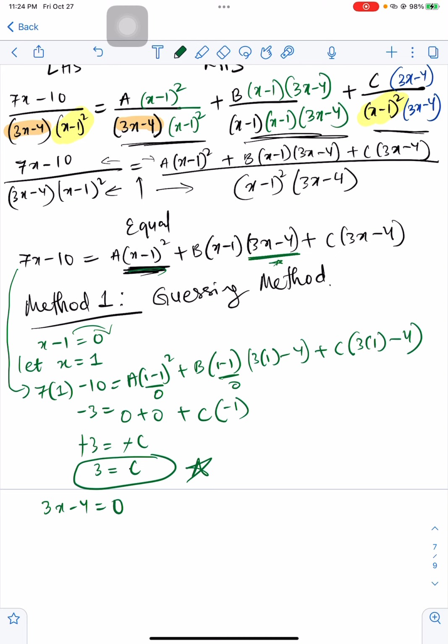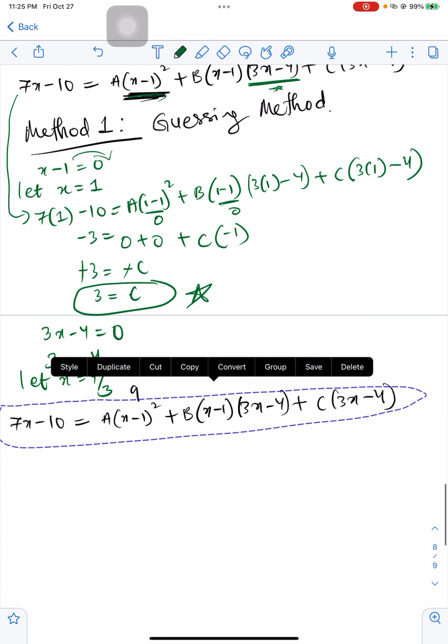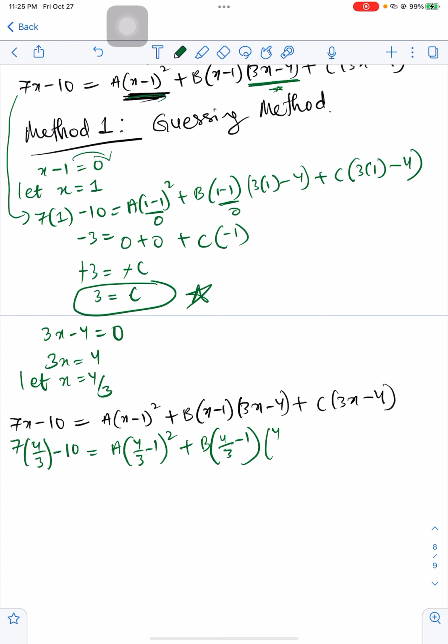From here what you know is the same method: wherever there is x, replace it with the value that you're guessing.